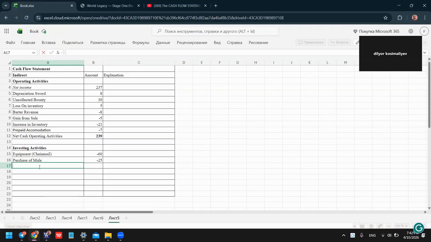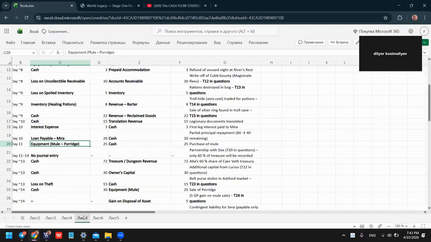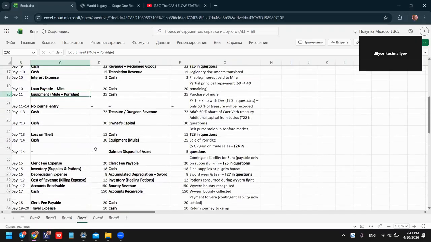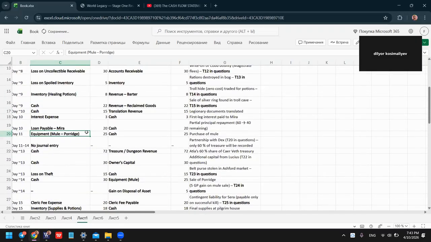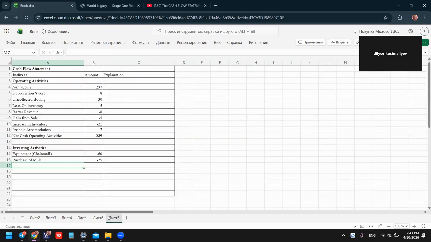So it's also a cash outflow because we spent cash to buy this. So let's calculate. I guess that's it for investing activities. Mostly the investing activities here are equipment and supplies.